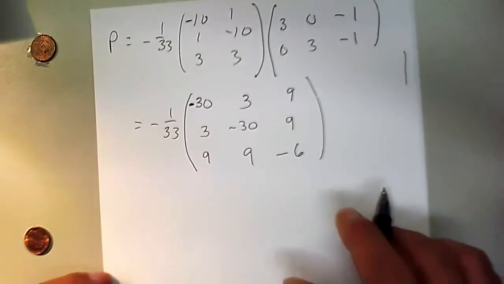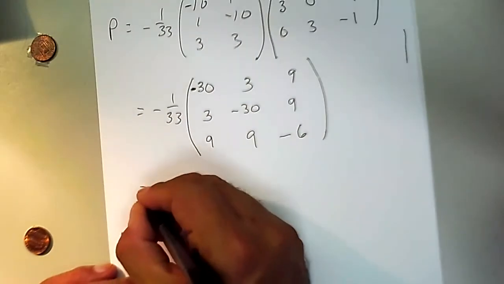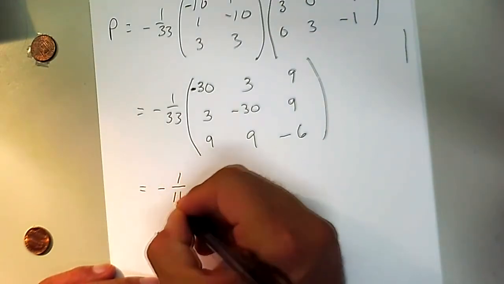And we can factor out 3 again. So we end up with -1/11.